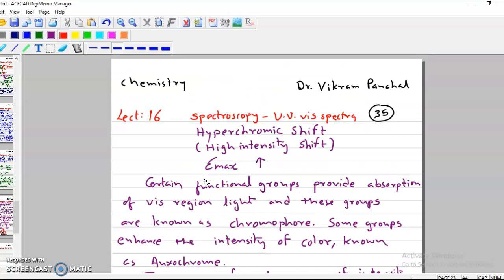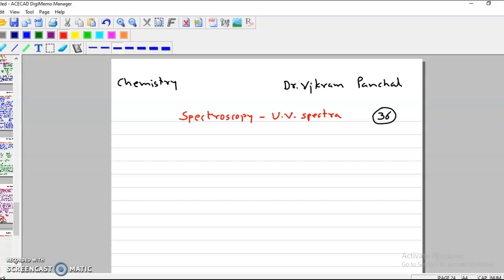Second thing, some oxochromes like methyl group can change conjugation also.